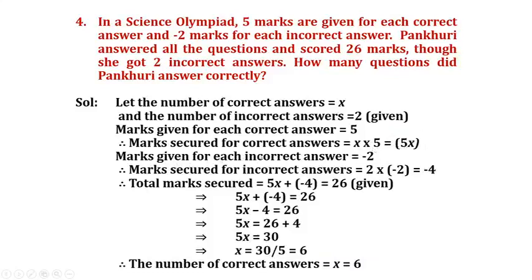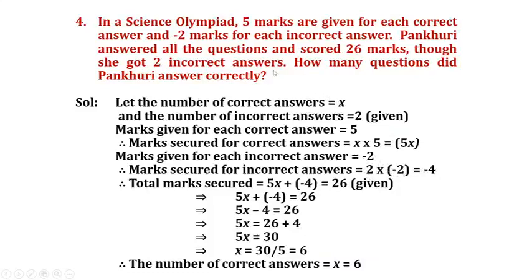Next, marks given for each incorrect answer is minus 2, but the number of incorrect answers is equal to 2. So by multiplying the number of incorrect answers with the marks for each incorrect answer, which is 2 into minus 2, is equal to minus 4 marks.